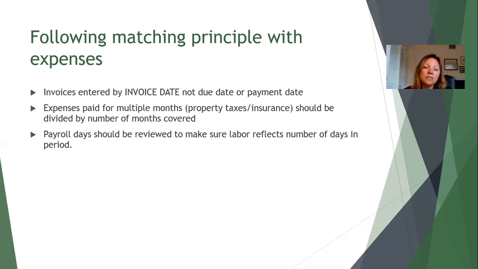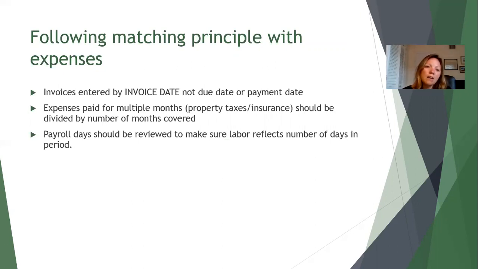And then we would want to, at the end of the month, review our payroll days, just to make sure that our labor reflects the number of days in the period. So if you're not doing an accrual at the end of the month, which is what we call moving the payroll days into the right month, and making sure that if our first payroll of the next month really was this month's payroll, we should be making an adjustment so we have that correct amount in our payroll.